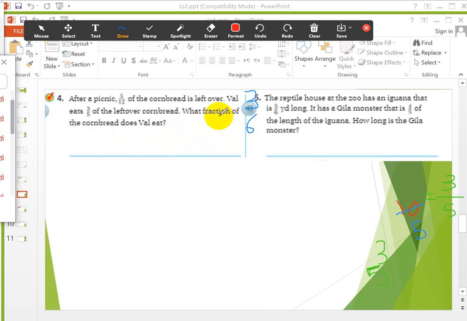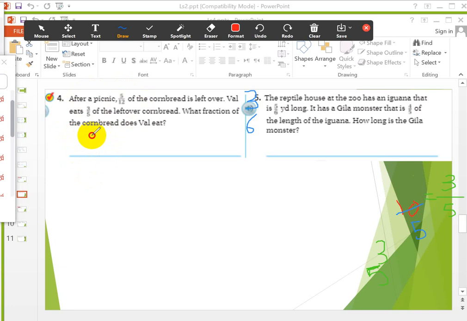So here, what do I have to do to know the amount that Val ate in the picnic? I have to multiply the amount of cornbread left over and the fraction that Val eats.